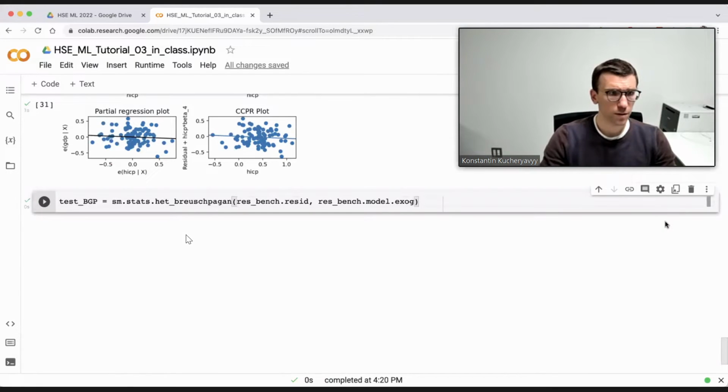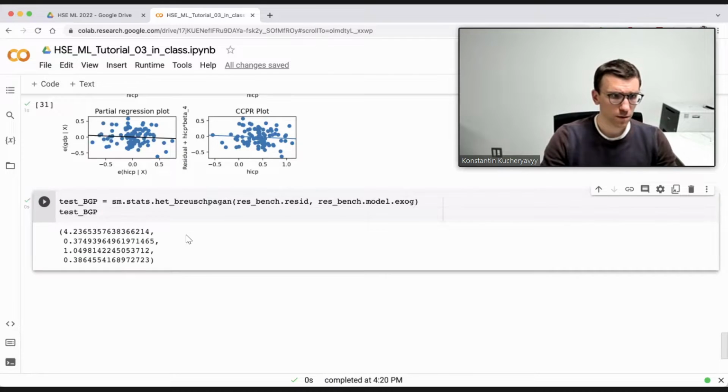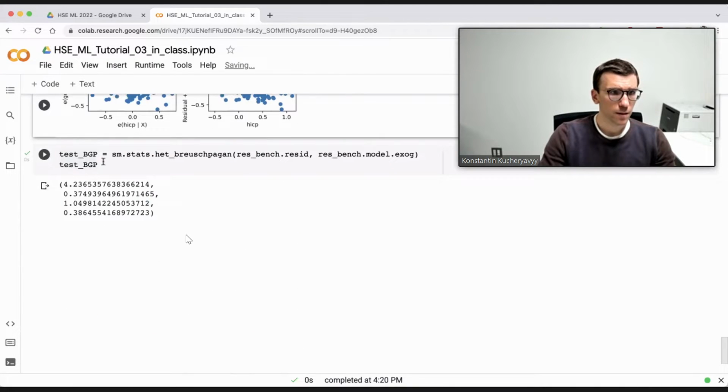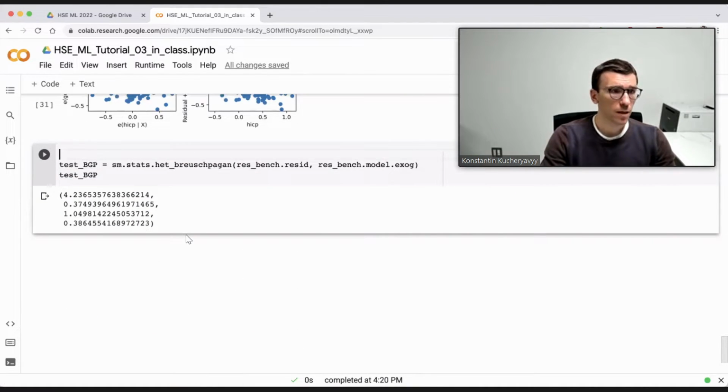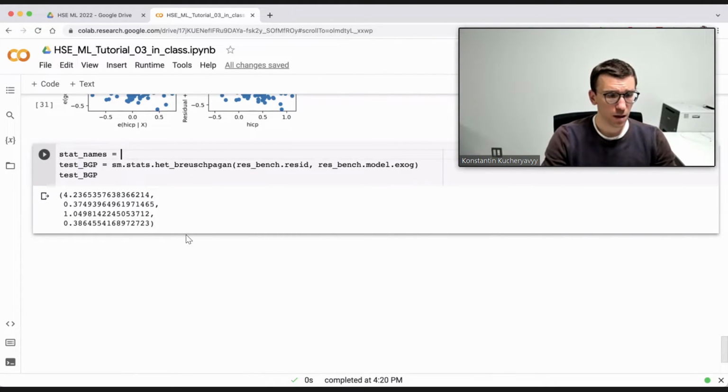If we run this, it would give us four values. Two of them are the Lagrange multiplier test statistic and p-value.